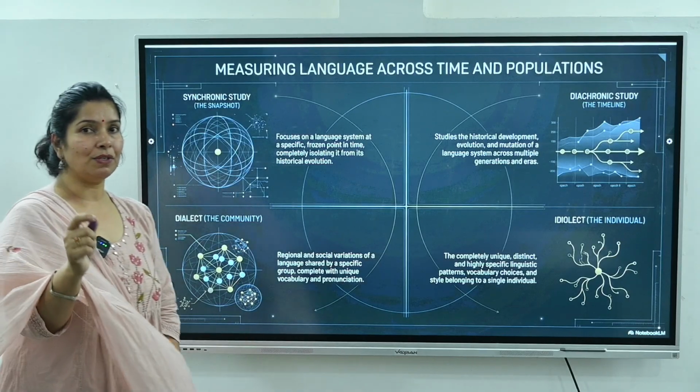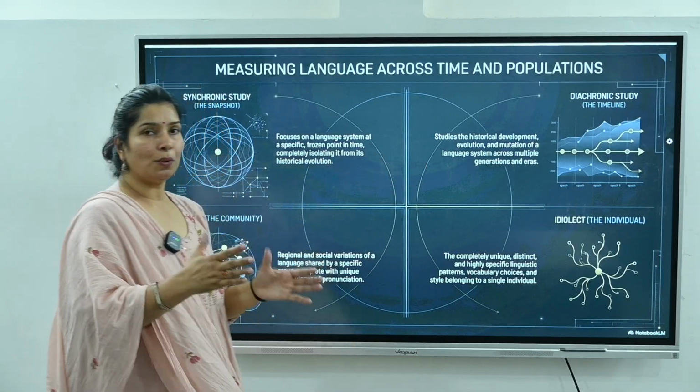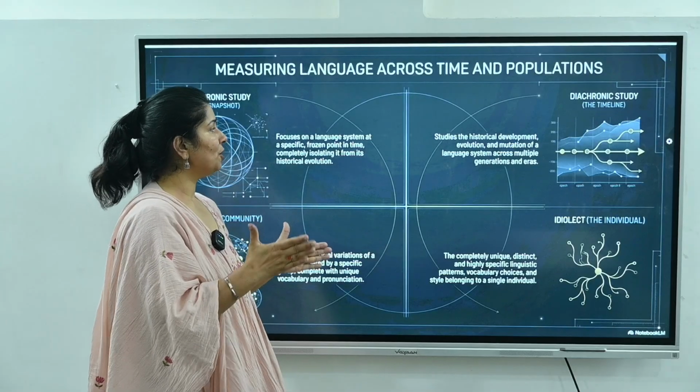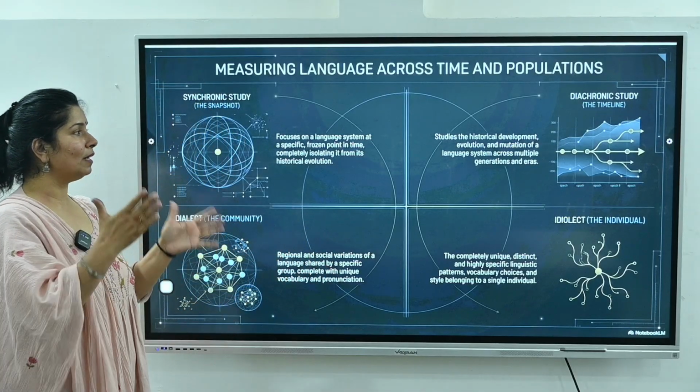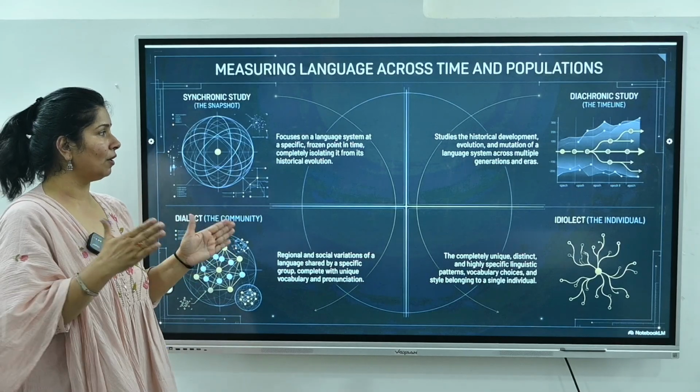It studies language in a particular time period, while diachronic studies the historical development, evolution and mutation of a language system across multiple generations, across time periods or ages.